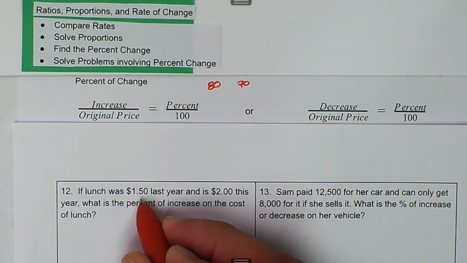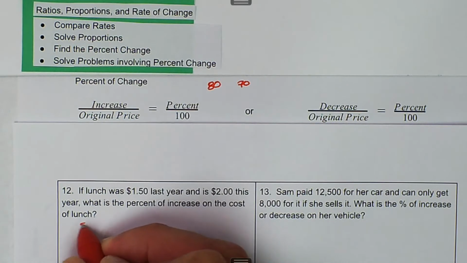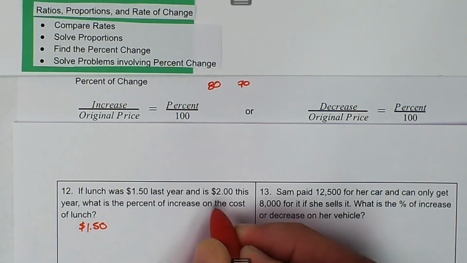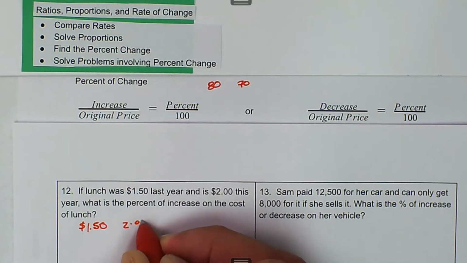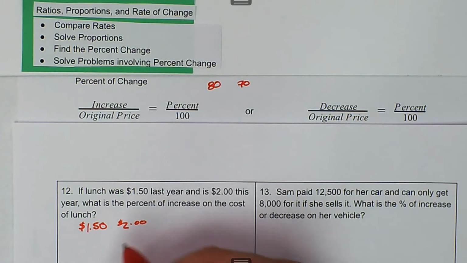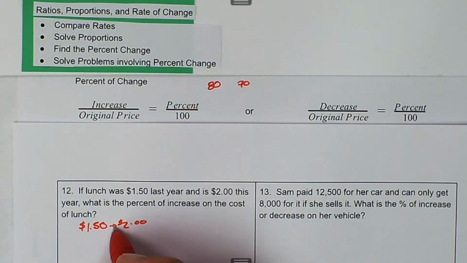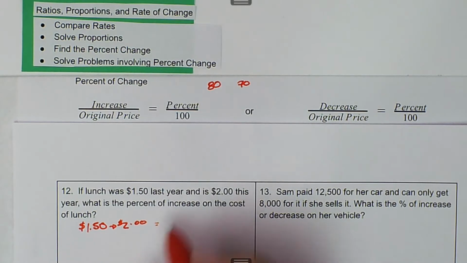The original price was $1.50, and the new price is $2. So how much did it increase to go from $1.50 to $2?